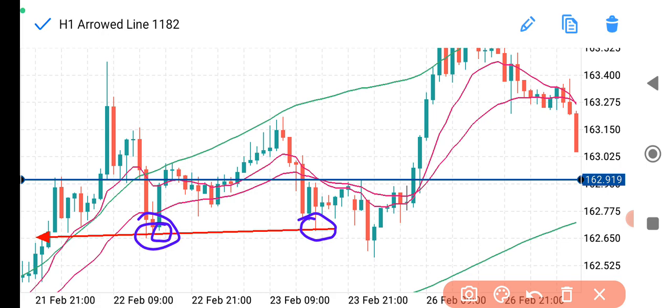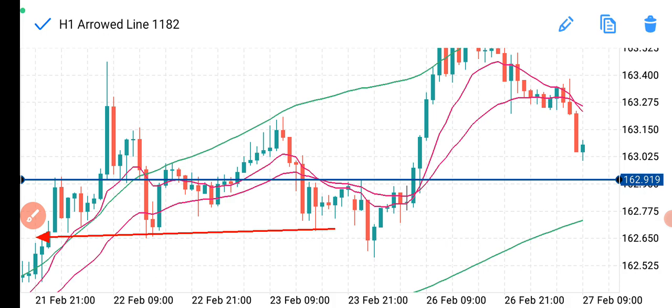Because these two support zones are established, this particular formation did not work because it's already close to a support zone. So even when it breaks through this support, remember there is liquidity sitting below these two double bottoms. So that liquidity was taken and the market continued in the up direction.